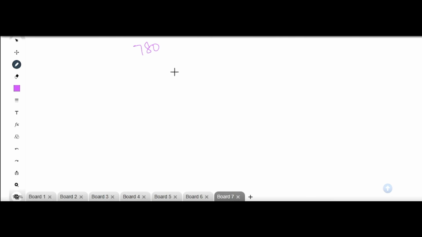What's 780? Cos, sine, tan? Whichever you want to take. So sine 780 would be 780 minus 720, which gives sine 60. Sine 60 is root 3 over 2. Cos 60 is 1 over 2. And tangent 60 is root 3.